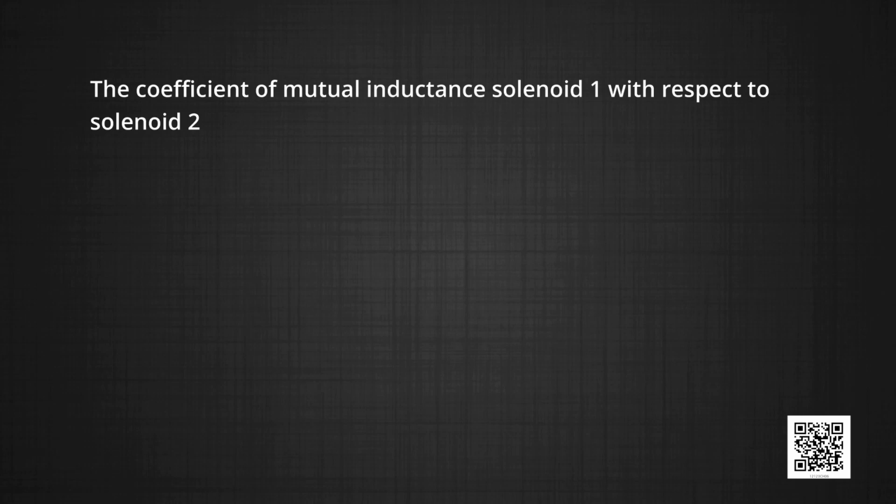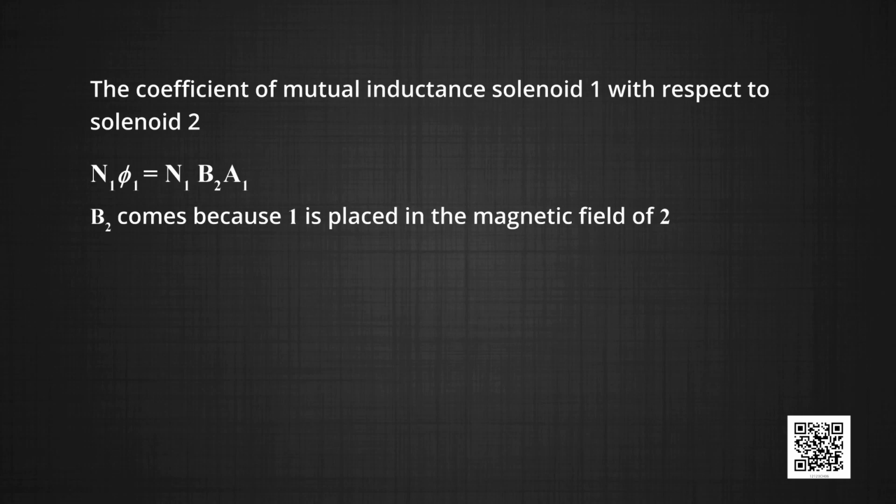Let us calculate M12. N1 phi1 is equal to N1 B2 A1. B2 comes because S1 is placed in the magnetic field of S2.